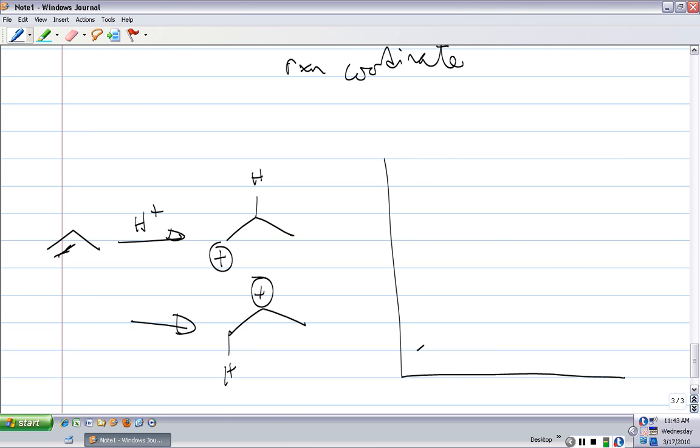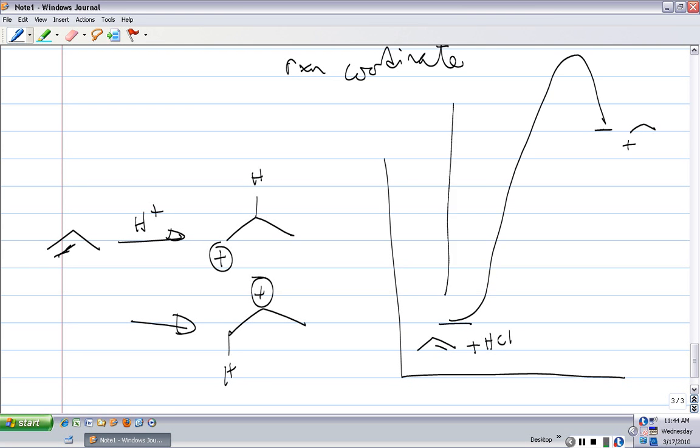The answer is because, well, look. Here's my substrate, my propene and HCl. Primary carbocations have an energy value up here, which means the activation energy barrier to make them is massive, too large an energy barrier for us to circumvent, and therefore we just don't make primary carbocations.